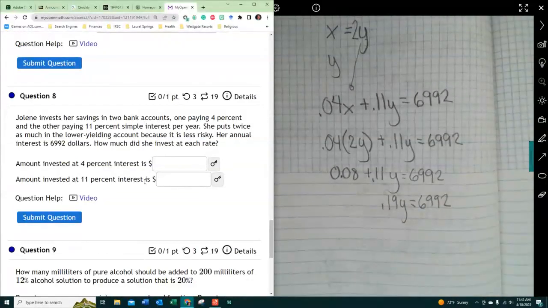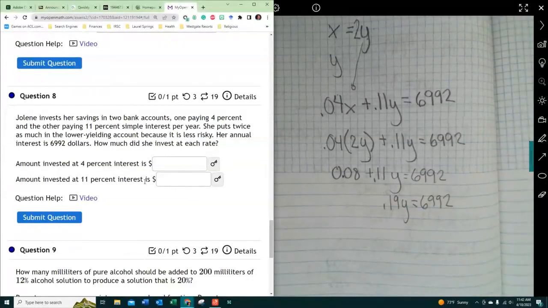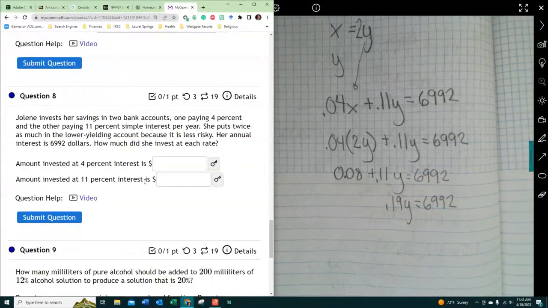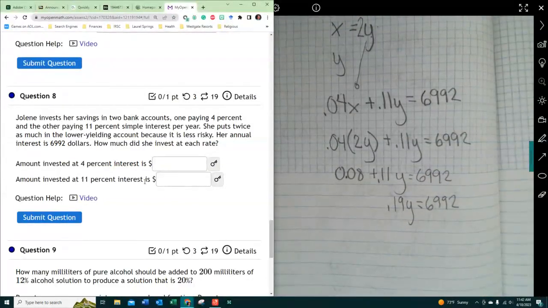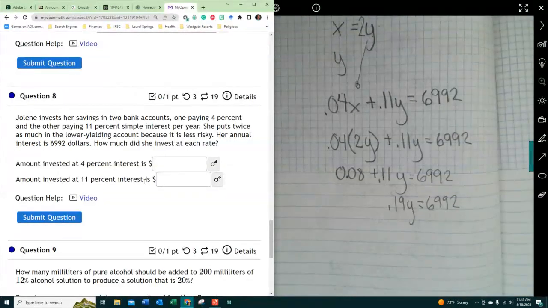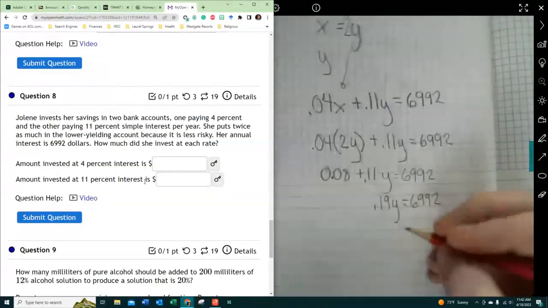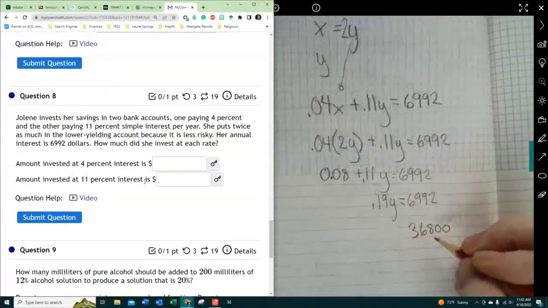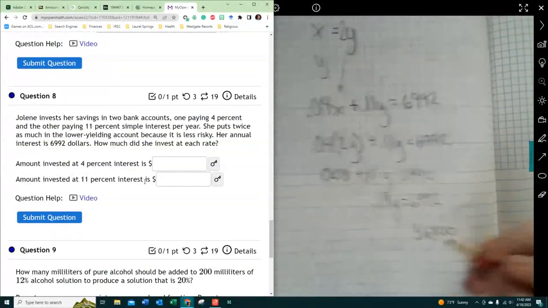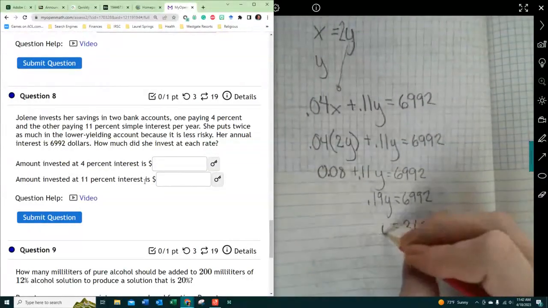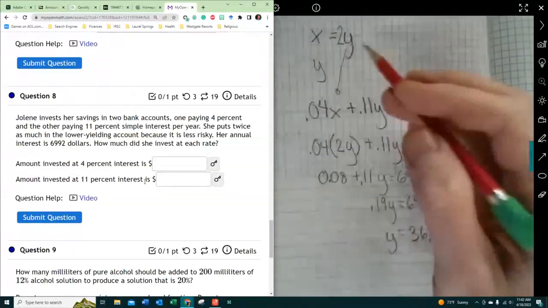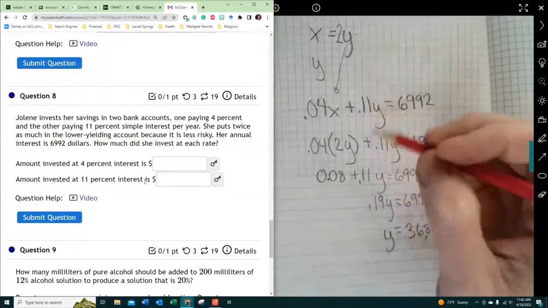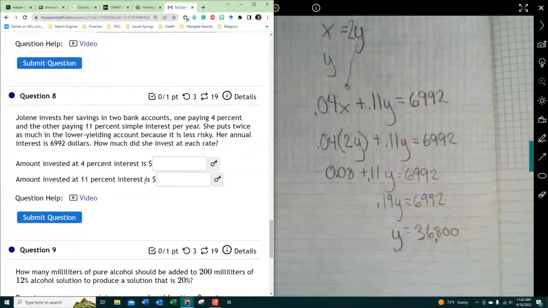So now it takes 6,992 divided by 0.19, and that'll be 36,800. So that is for Y. For solving for X, we're going to go ahead and double that value.